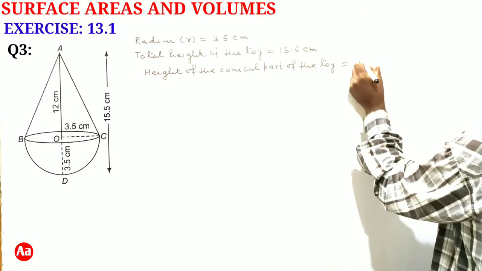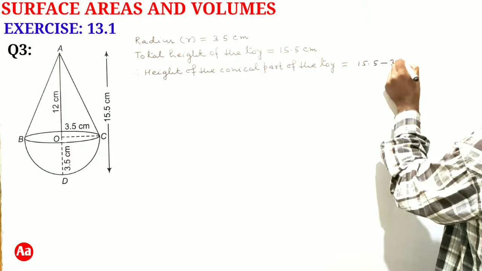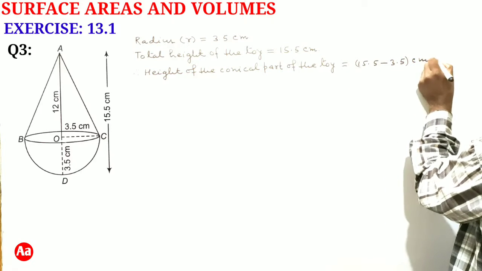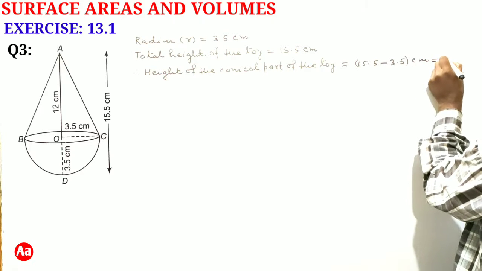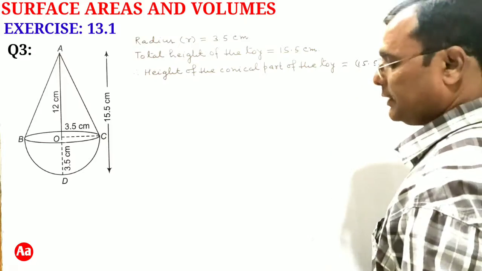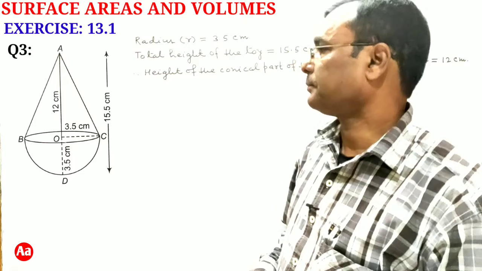So it is going to be 15.5 minus 3.5 centimeter. This is equal to 12 centimeter. So this 12 centimeter is height of conical part of the toy.